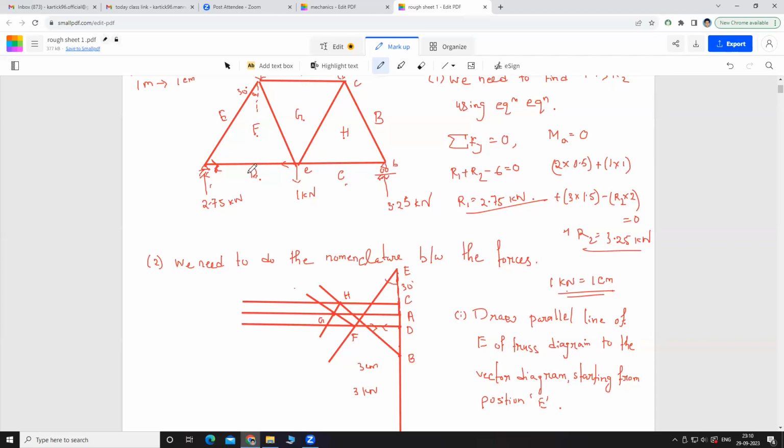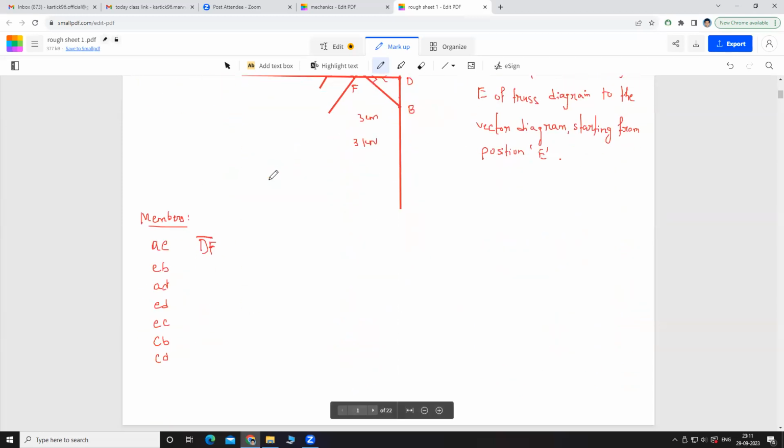So now tell me, if this is the direction of the force, then the member is in compression or tension? Tension. Yeah, that is in tension.